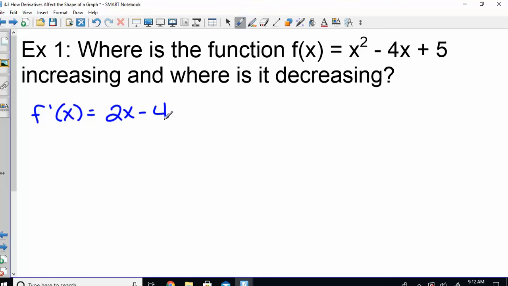Okay. If I want to figure out where this is positive or negative, what I first need to do is find out where it is 0. So we're going to find our critical point first. It means 2x equals 4, so x is 2.